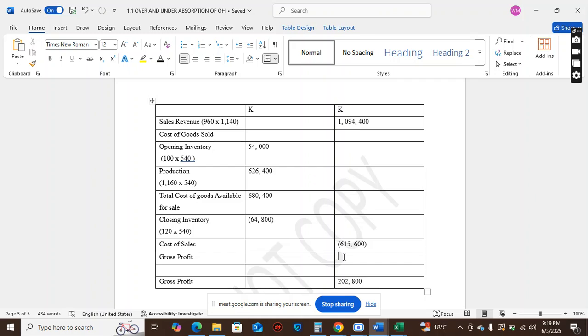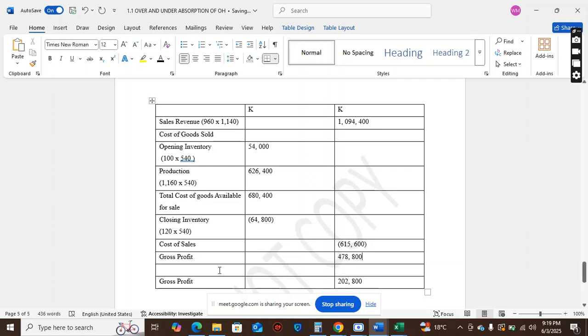Yes, 1,094,400 minus 615,600 gives 478,800.